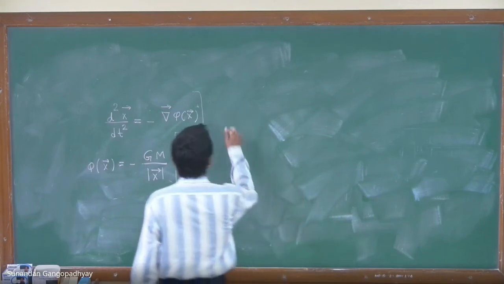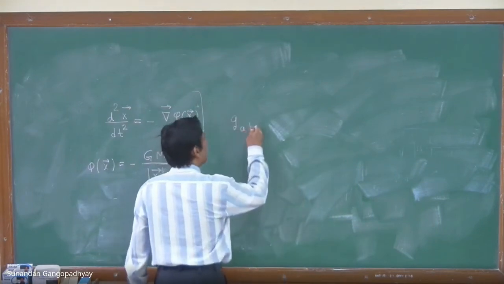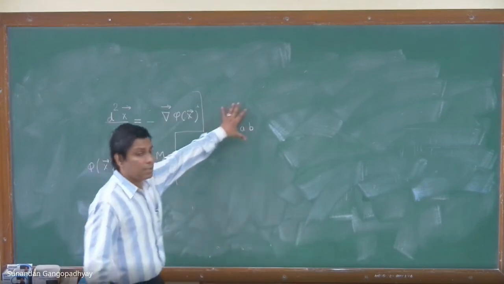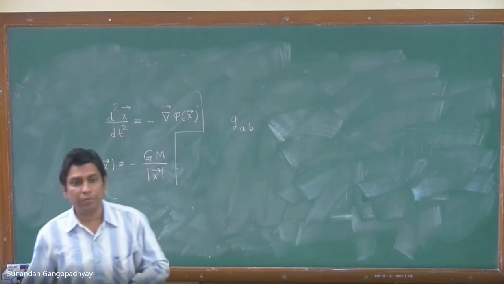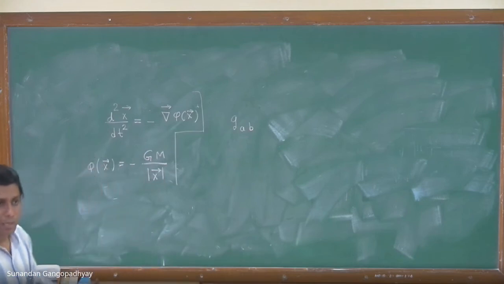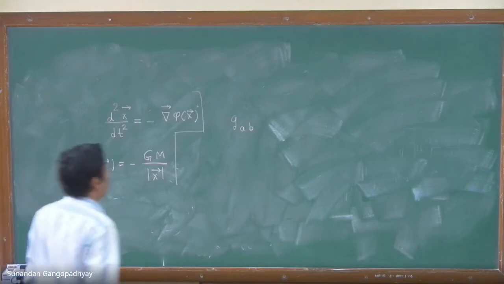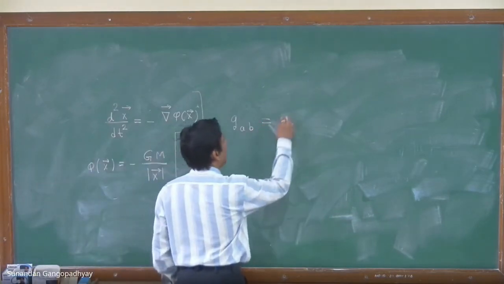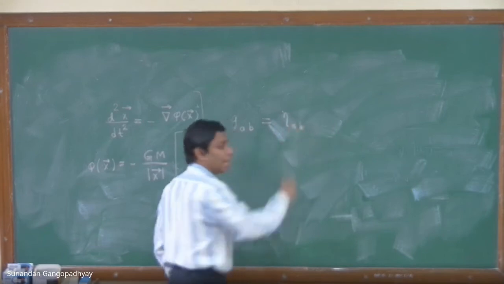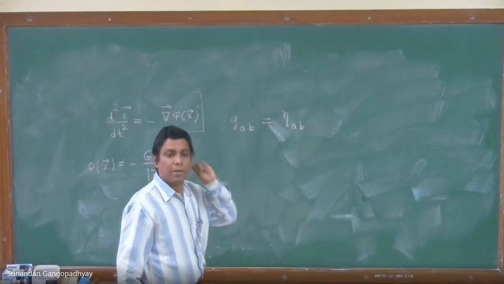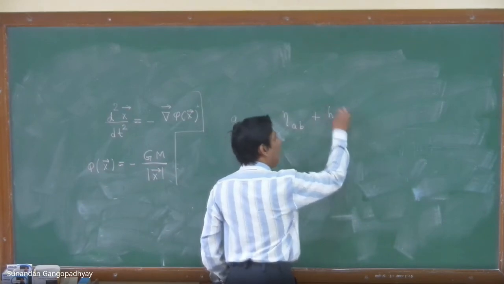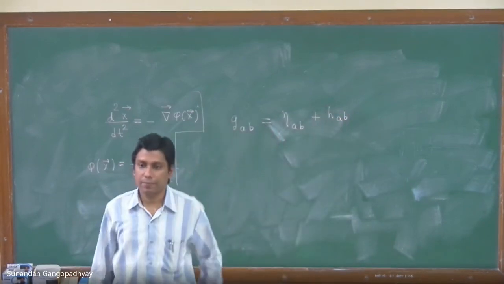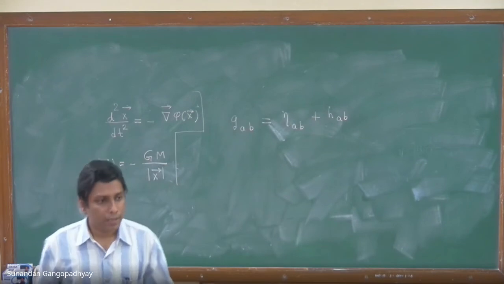So we know that this is the metric. This is the full curved metric tensor, and this describes the gravitational field. By now we have learned that the metric tensor basically describes the gravitational field. So we assume that it changes very slightly from the Minkowski metric. This is the weak field approximation, where h_ab is small.